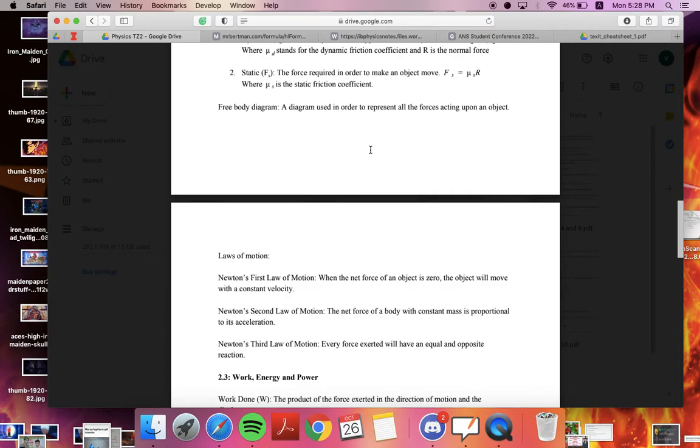You just draw the object and all the forces that are acting upon it, in order to help aid you with your calculations. I'll do an example of free body diagrams along with frictional forces once I have gone over the laws of motion real quick.